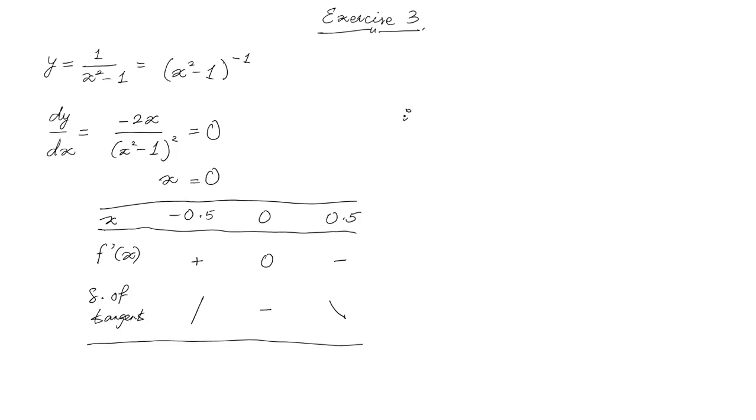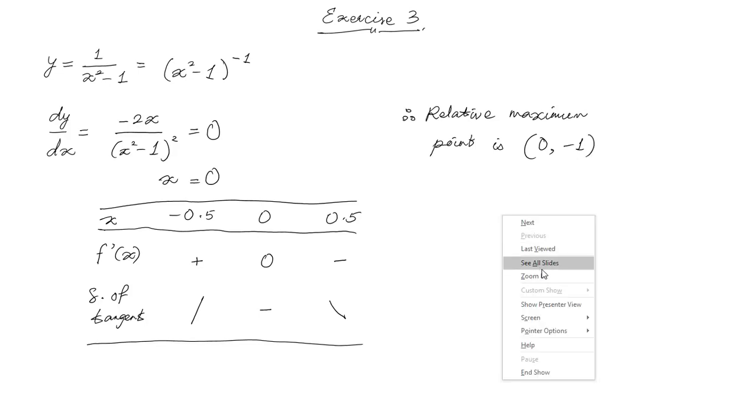And we simply have to write the conclusion, which is the relative maximum point is (0, -1). So where do I find the -1?